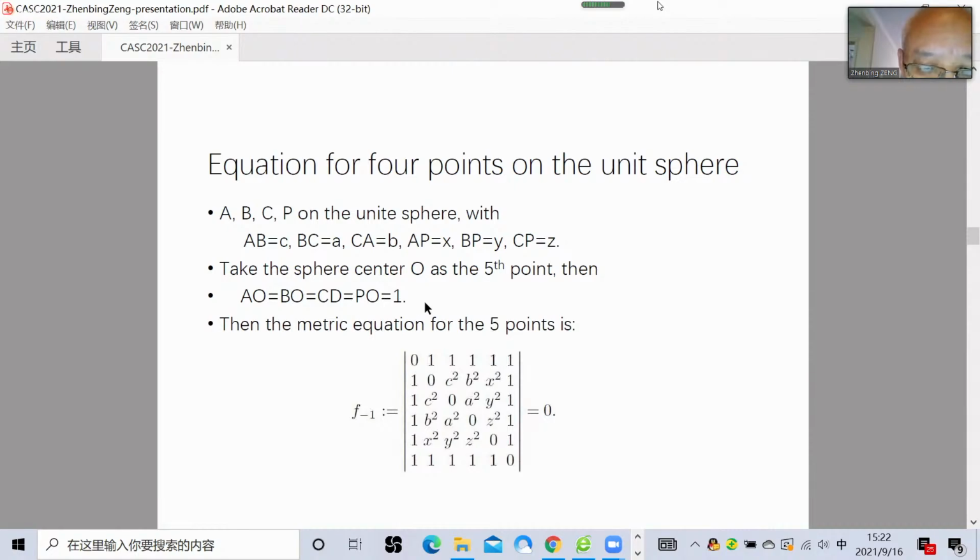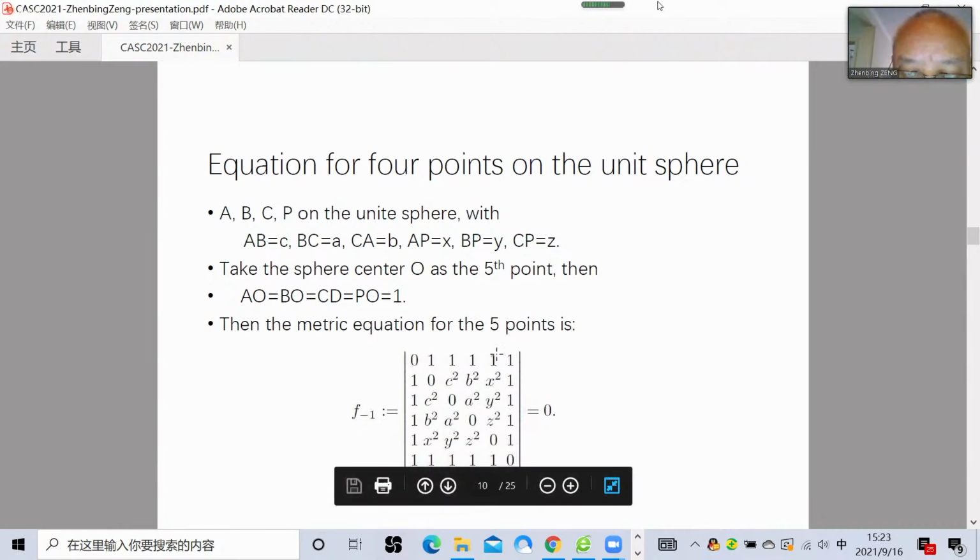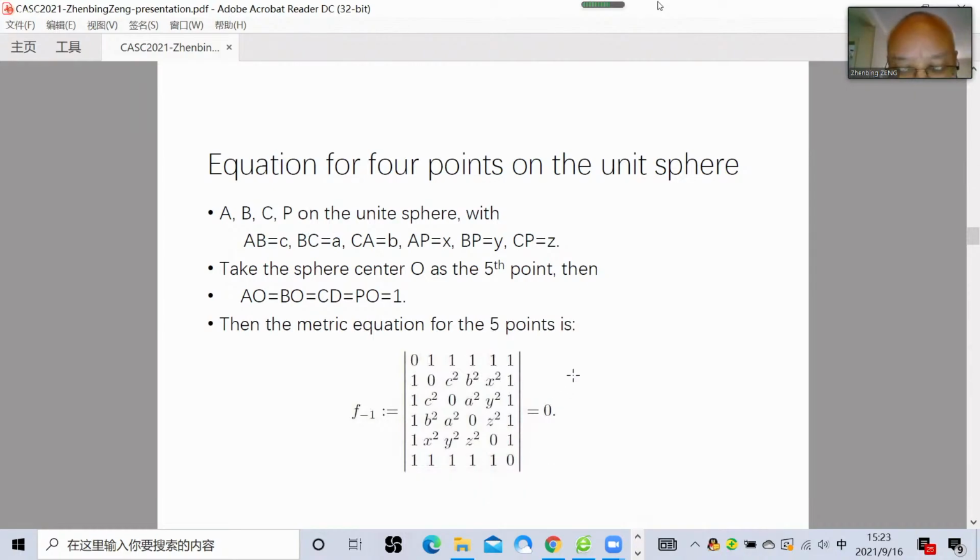Then the distances are all equal to 1. Then we apply the metric equation and we get this, which is a polynomial of A, B, C and X, Y, Z. So this is for 4 points on the sphere, because we take another point O; with O it's 5 points, but only 4 points are on the unit sphere.